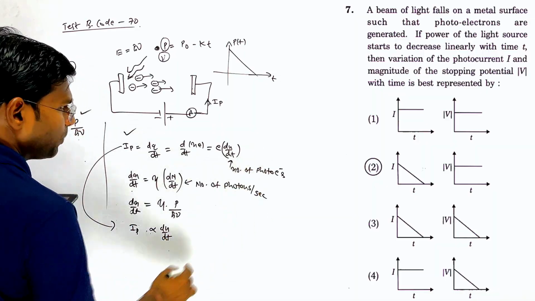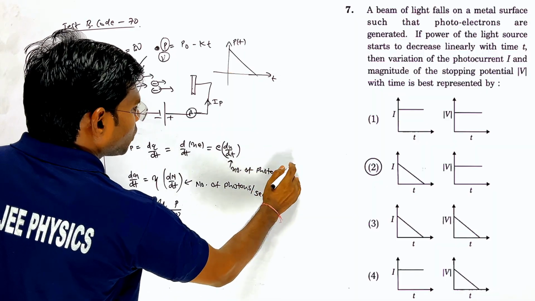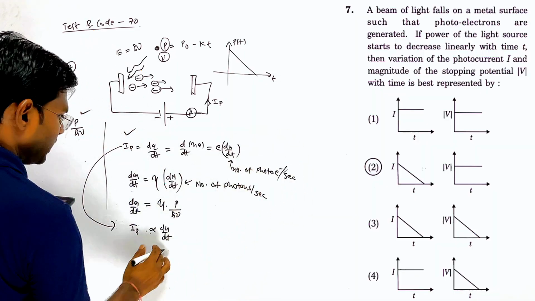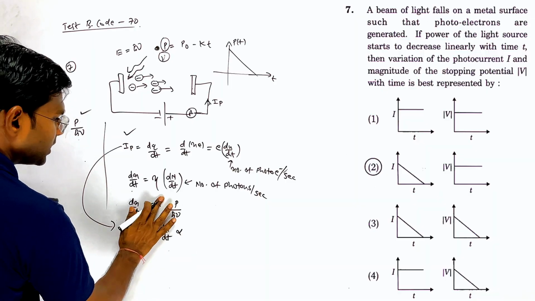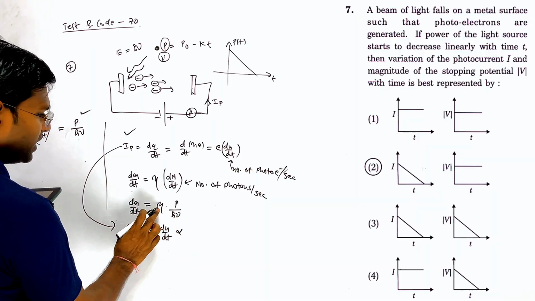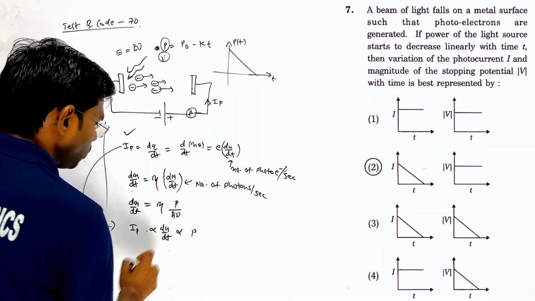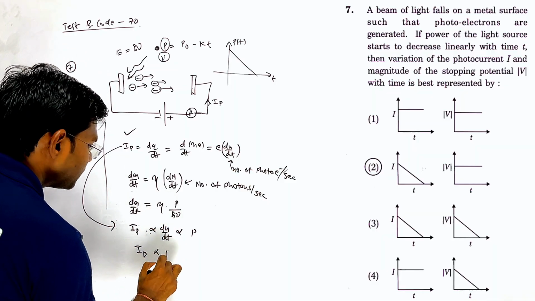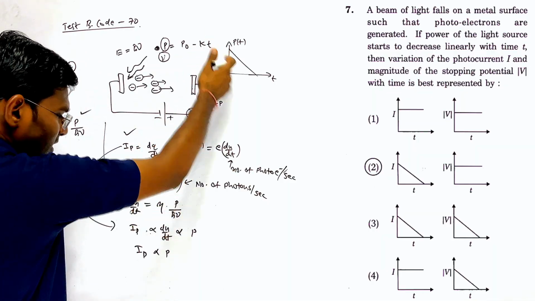Eta is the efficiency of the surface, h mu is constant, so it is proportional to P. So the photoelectric current is proportional to the power, and power is decreasing linearly.